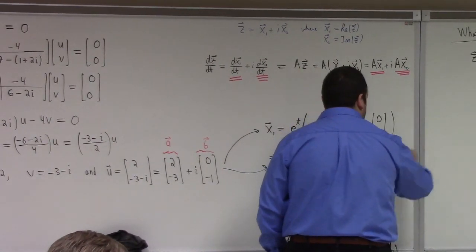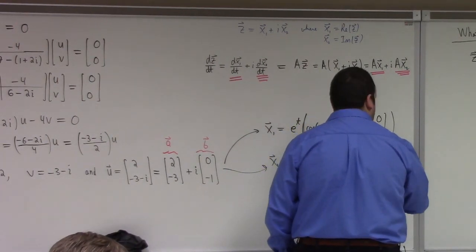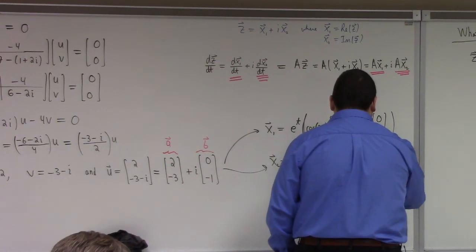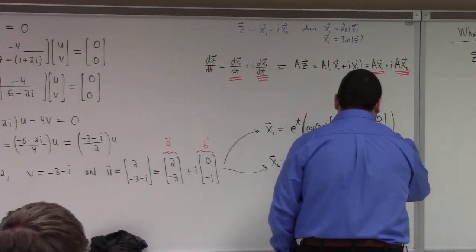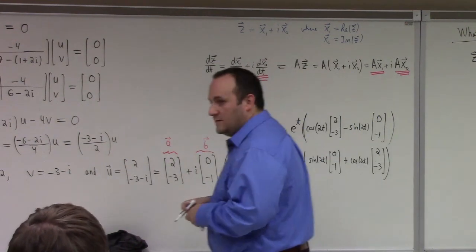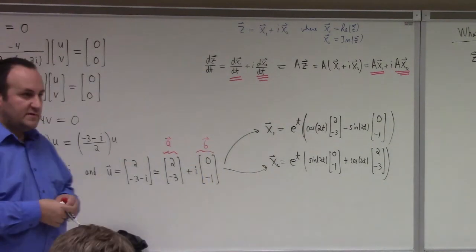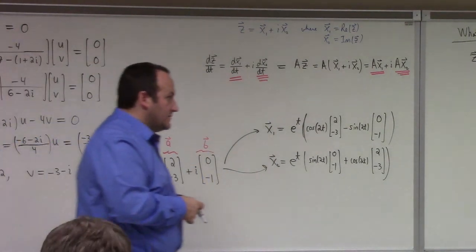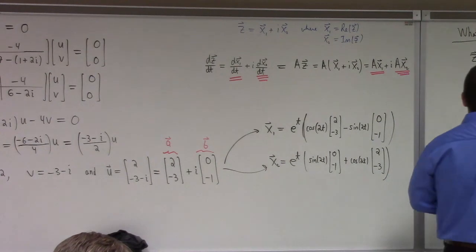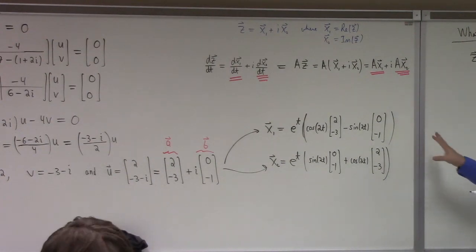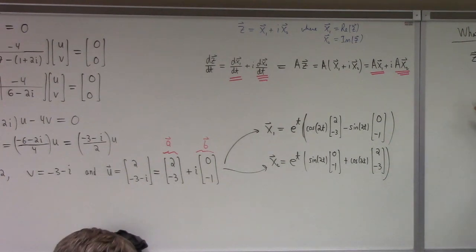Now, if for some reason you forgot my formulas over there, you could rederive them, because we can always fall back on the fact that we just take the real and the imaginary parts of the complex eigensolution. It's not that hard to work out. I can get these two using this.